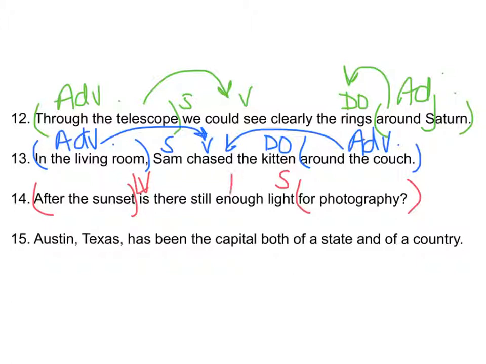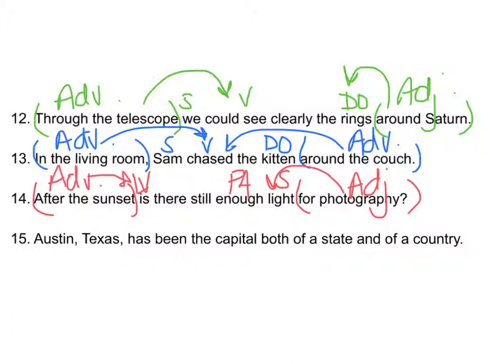This is a linking verb, enough, predicate adjective. For photography modifies light. Light for photography. Light is a noun. This is an adjective phrase. After sunset, there is. So this is modifying your verb. So this is your adverbial phrase.